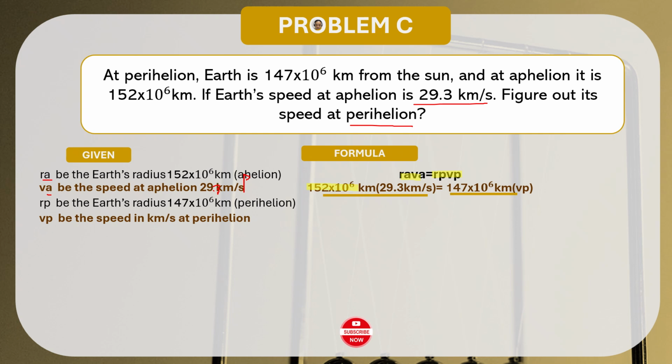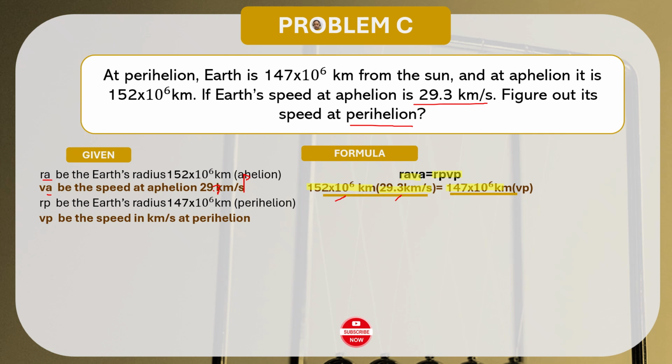This is the value of RA, and it's going to be the value of 2VA. And this is the value of our radius at perihelion, and we do not have the VP.